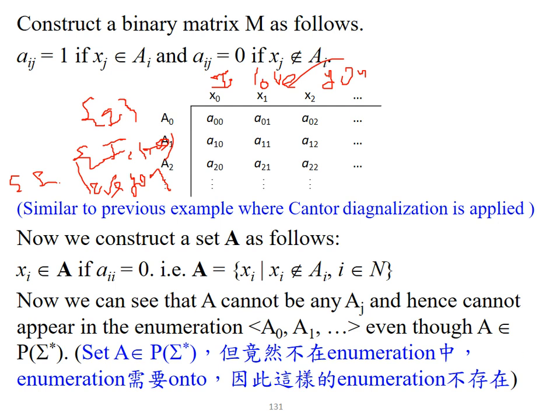If I is in the set a0, this number is 1. Love is not in this set, so we have 0 here, and you is 0. For the second set, it has I and love, so we have I 1, love 1, and you 0. And for the next set, I love you, all of them exist in this set, so we have 1, 1, 1 for this representation.